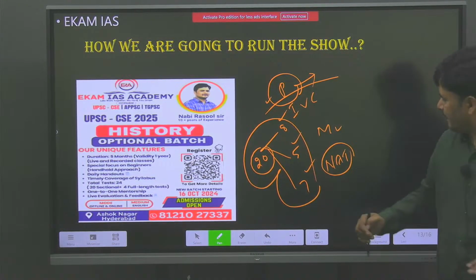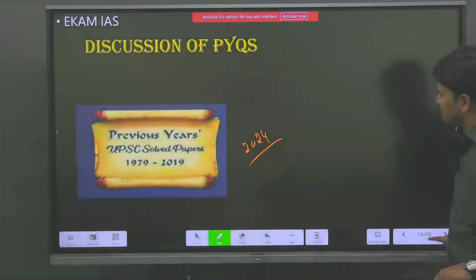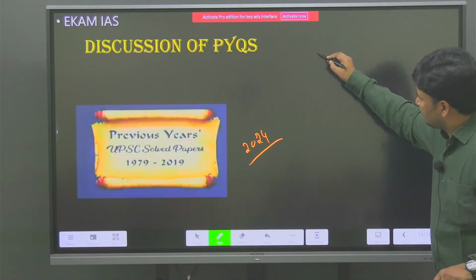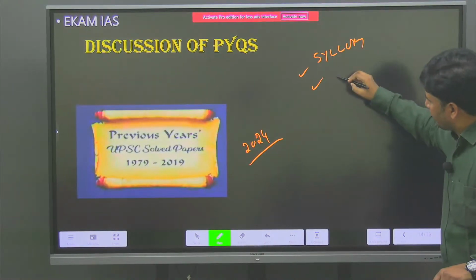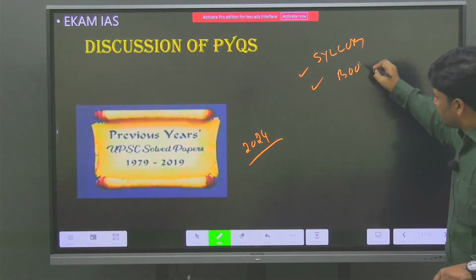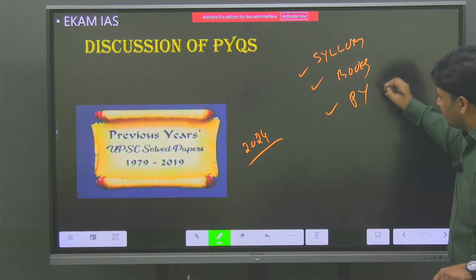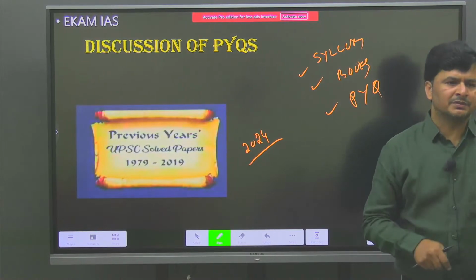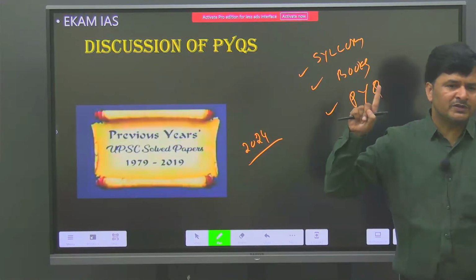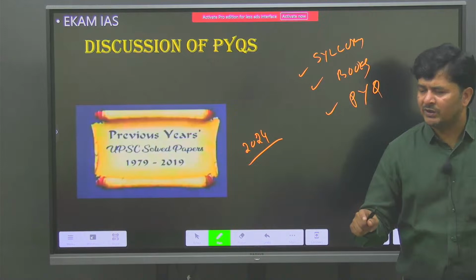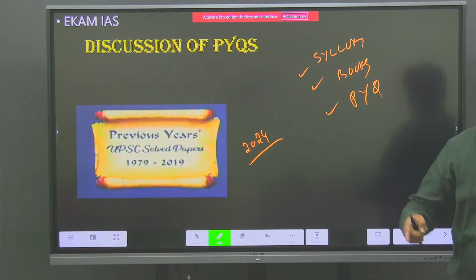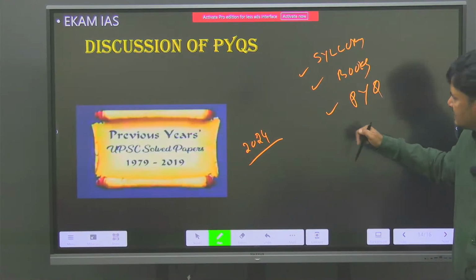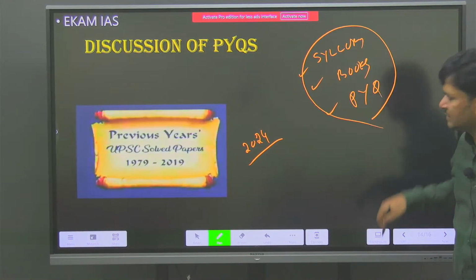Whatever the subject you talk about, first be good at the syllabus, followed by standard books, as we referred to earlier, and followed by previous year questions. Right from UPSC to Group 4, whatever exam you write, including police constable, SI, Group 2, Group 1, SSC, IBPS, be good at these 3 elements: syllabus, books, and previous year questions.